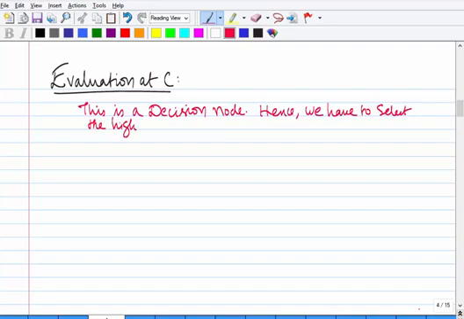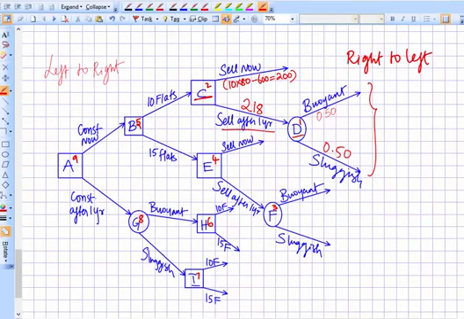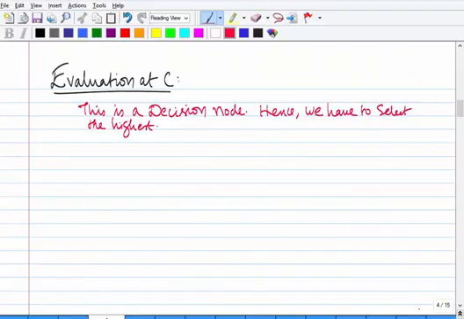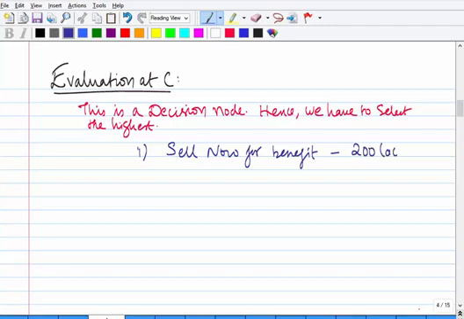So what are the choices we have? What is the choice in front of us? One is selling now, the other one is selling after 1 year. So let's just capture that. Choices: number one, sell now, for a benefit of how much? What is the benefit you get if you sell now? 200 lakhs.